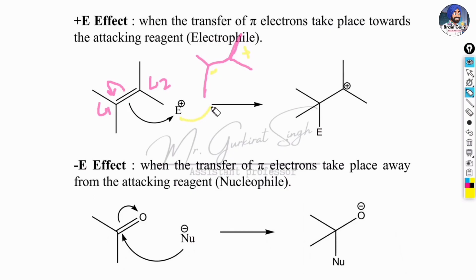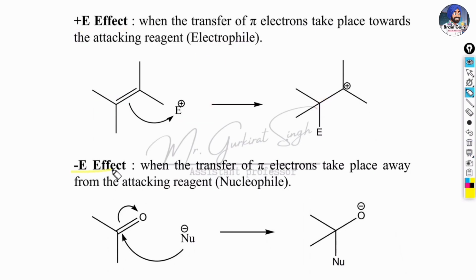The electrophile contains positive charge, so it will be attracted toward the negative charge. We all know that opposite charges attract each other. So the electrophile will attack at the anion position, that is our C1. So if pi electrons move to carbon number 1 and the attack of the electrophile happens at the same position, that will be my plus E effect.